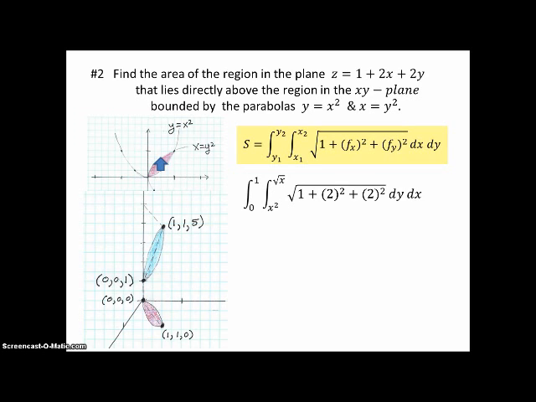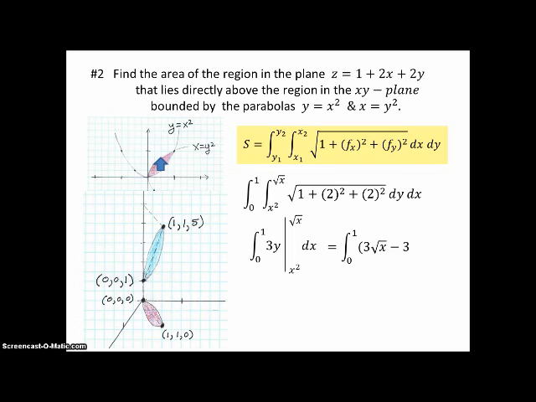Now, meanwhile, my partial derivatives of the z function: the partial derivative with respect to x is the coefficient of x, which is 2, and then the partial derivative with respect to y is the coefficient of y, which is also 2. So that square root comes out nicely to the square root of 9. So we're going to integrate 3 with respect to y, and we get 3y evaluated from x squared to root x.